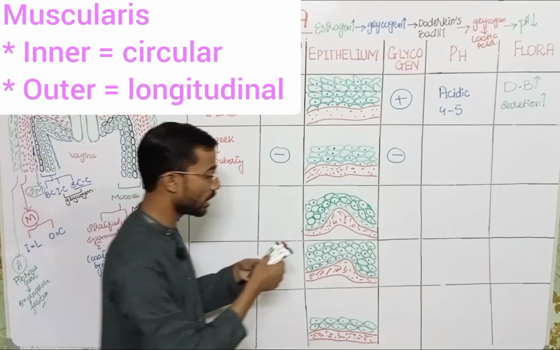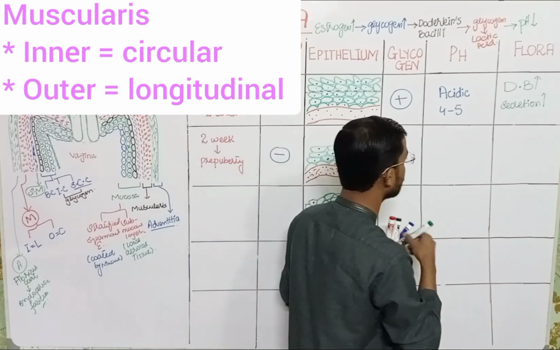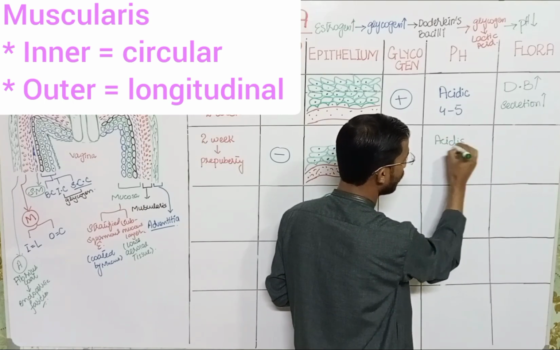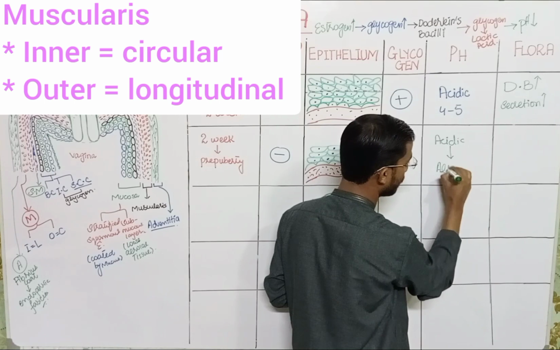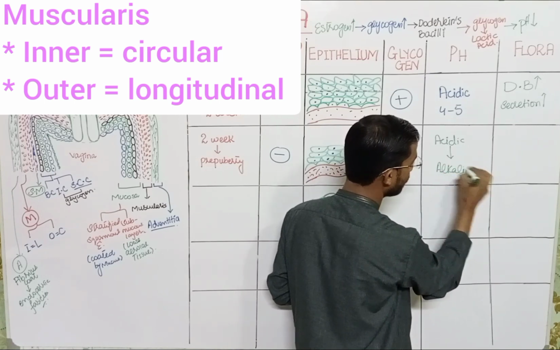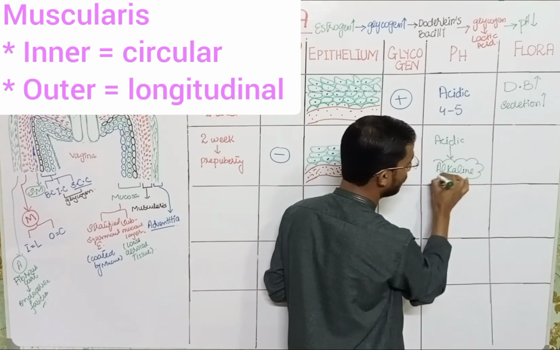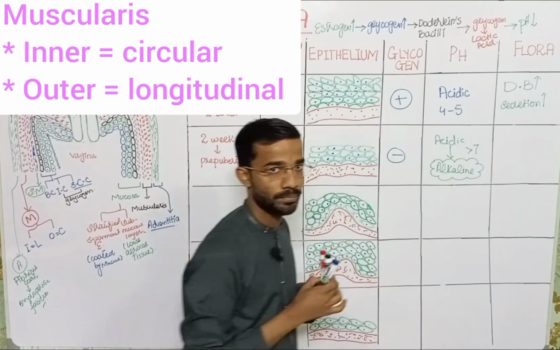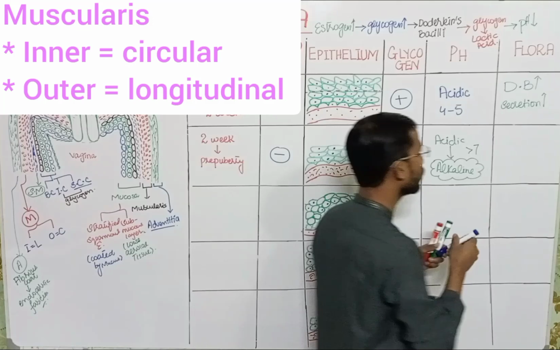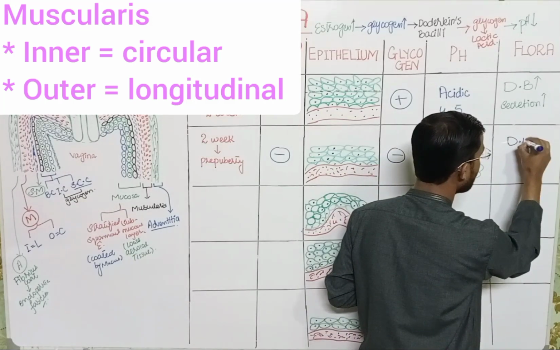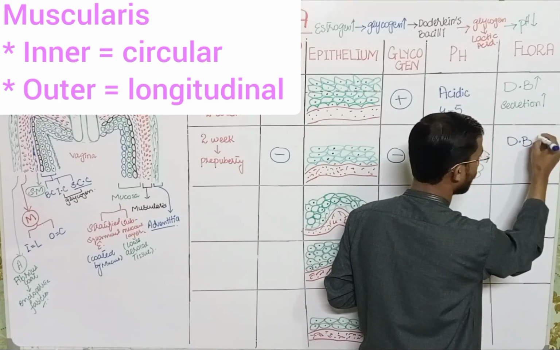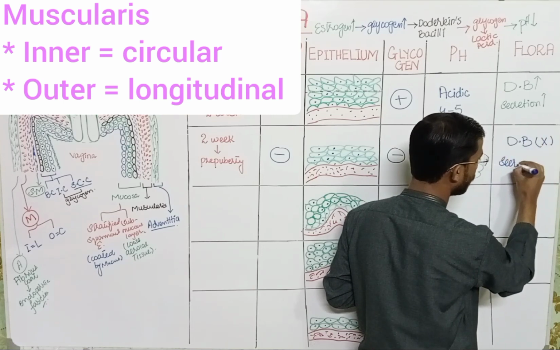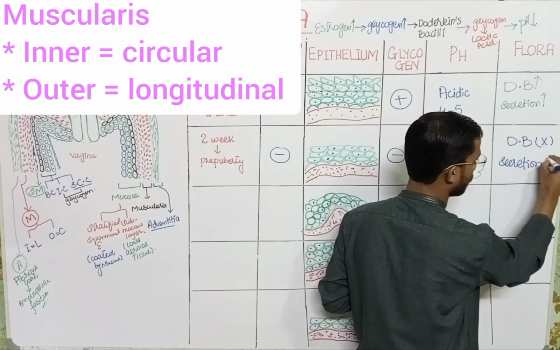So in that situation, you will see the pH convert from acidic towards alkaline. So the pH will be alkaline, greater than 7. And in that situation, you will never see the Doderlein bacilli, and the secretion is also reduced.